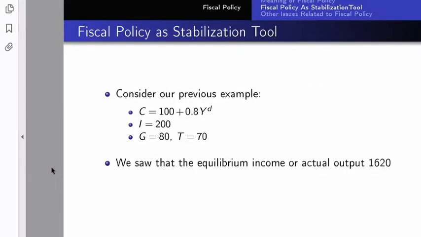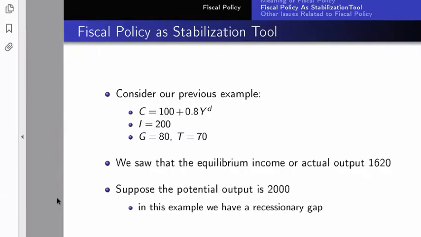All right. So consider our previous example. We saw that the equilibrium income or actual output was 1620. Suppose the potential is 2000. Clearly the actual is lower than the potential. So there's a recessionary gap.